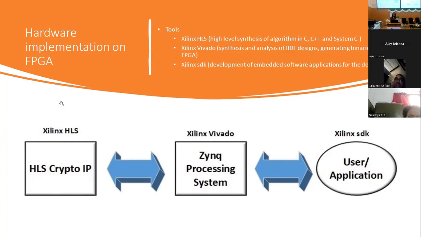First one, Xilinx HLS. As the name implies, we will write our algorithm in a high level language like C, C++, or OpenCL. Nowadays, Python is also there. HLS will automatically convert it into Verilog.